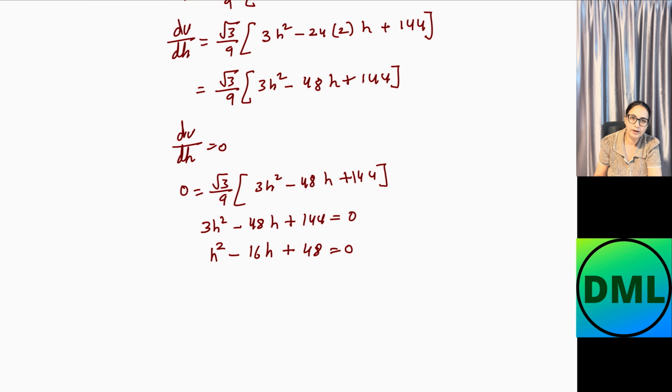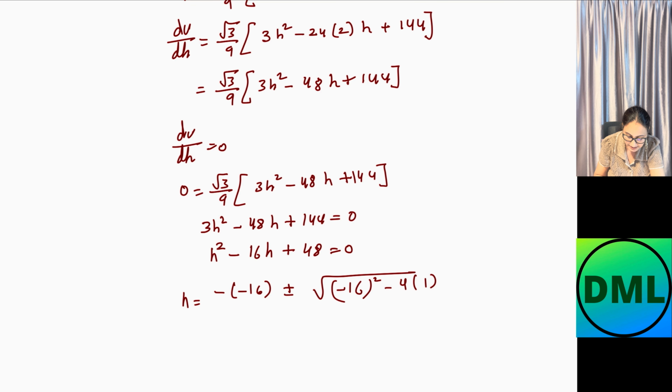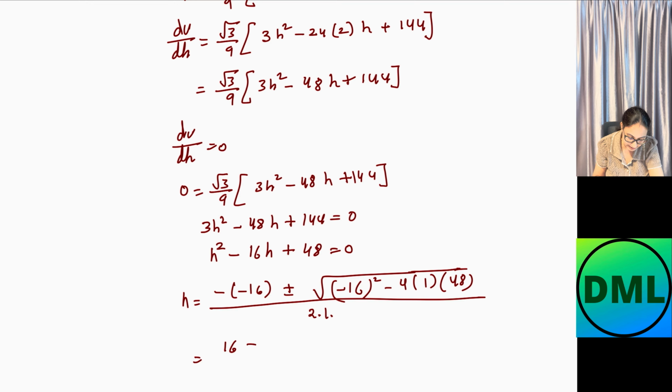Let's apply the formula. h is equal to minus b, minus of minus 16, plus minus the root of b², minus 16 the whole squared, minus 4 times a, which is 1, times c, which is 48, divided by 2a. A is 1. This equals 16 plus minus the root of 16², which is 256, minus 48 times 4, which is 192, divided by 2.